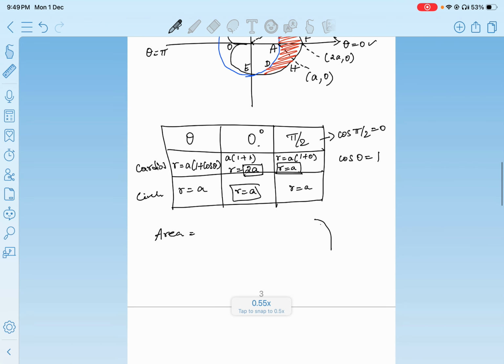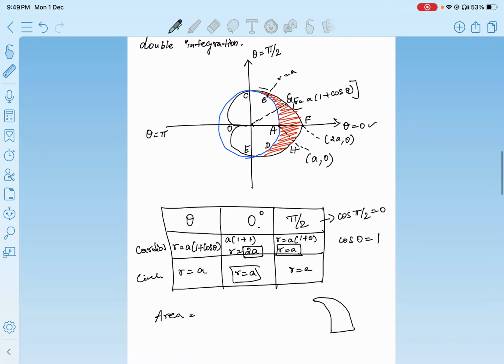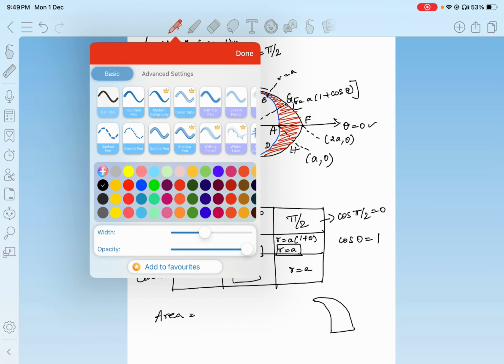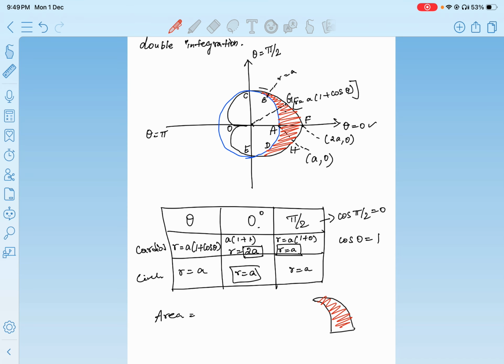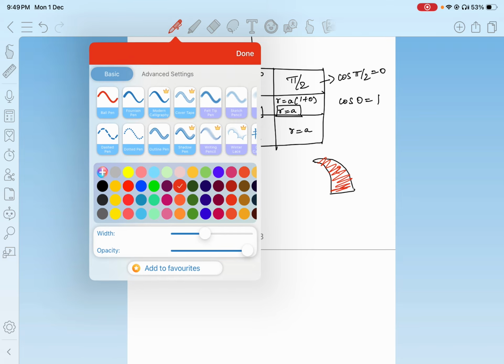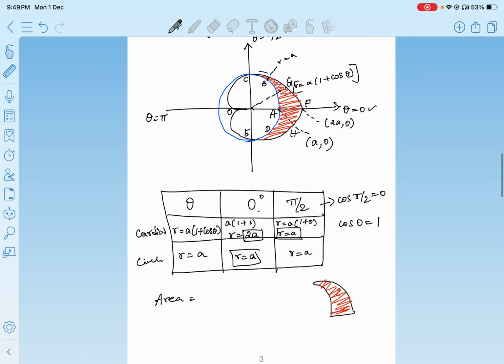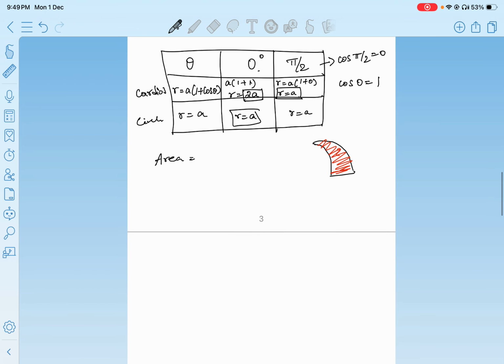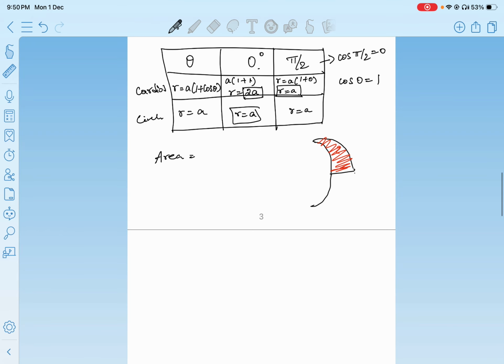This shaded region only we are going to find, and also we have a region on the downside, the second half. Both regions we have to find. This is what we are going to find now.